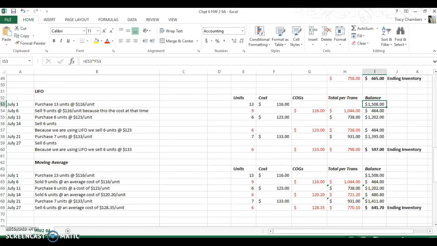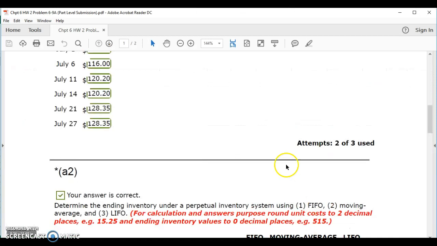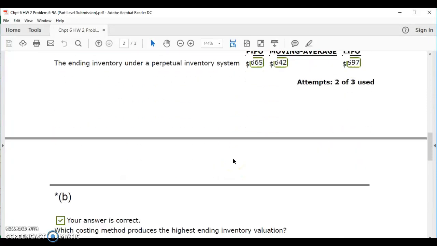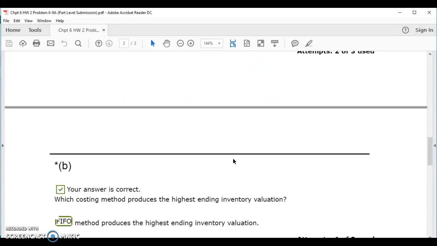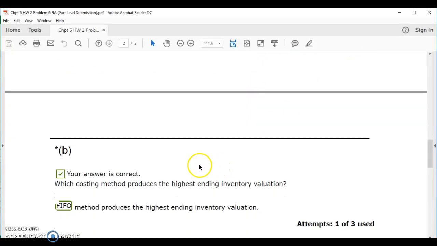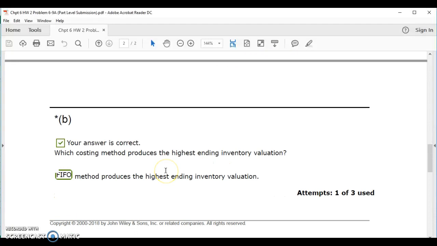If we review this information back with our homework, we can see that the answers are correct. The last question that they asked is which costing method produces the highest ending inventory valuation? Well, if you look up here, you can see what they are, and you can see that FIFO gives the highest ending inventory valuation.